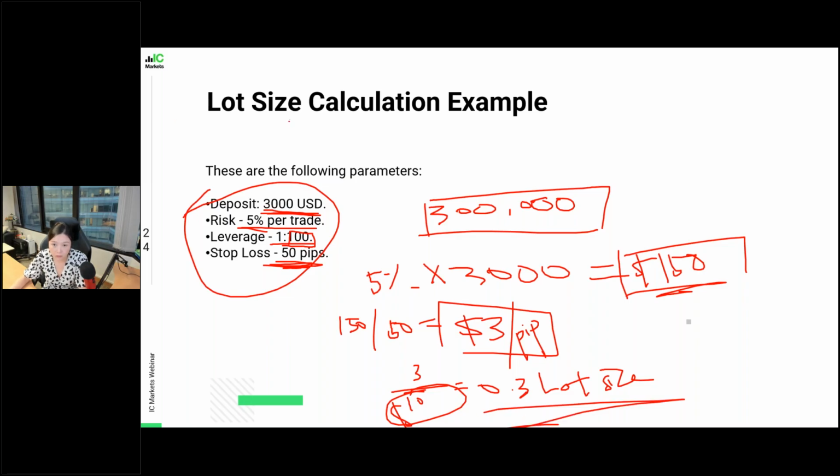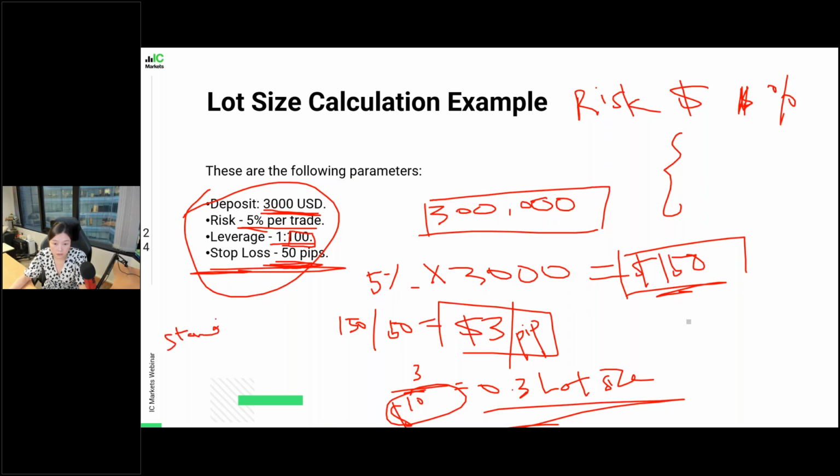So how to calculate your lot size? Number one, you need to know how much you are risking, exactly the amount, or at least a percentage. And then you need to know where your stop loss is, how far away your stop loss is. Okay, and you also need to know whether you are trading on a standard lot size or a micro lot size.